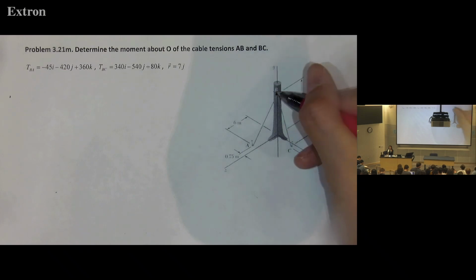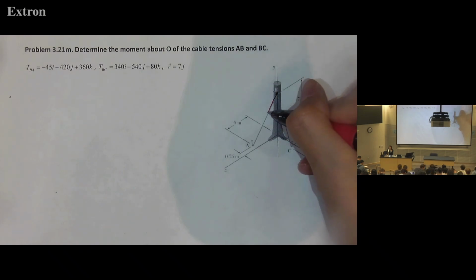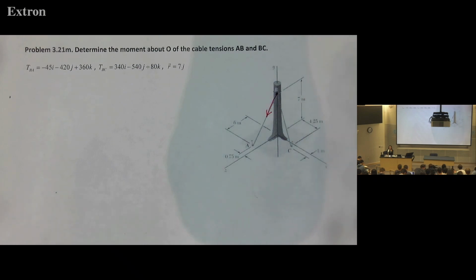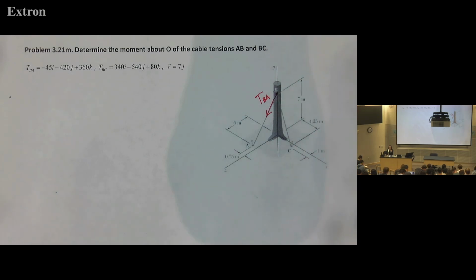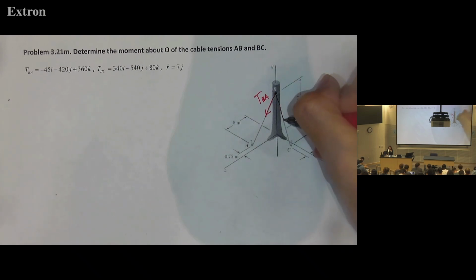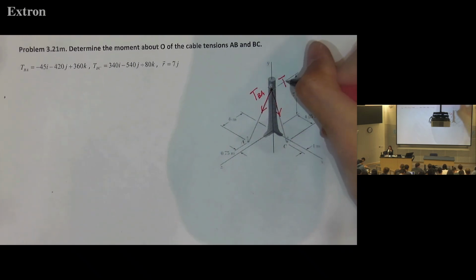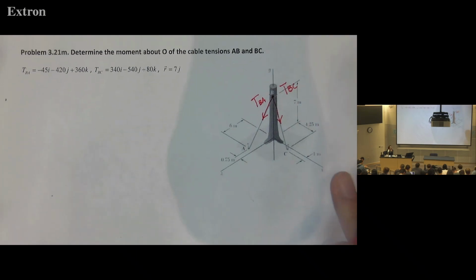And then at B, there's cable tension away from the node. So this direction. So T, B, A. And then the other cable tension, here's T, B, C.